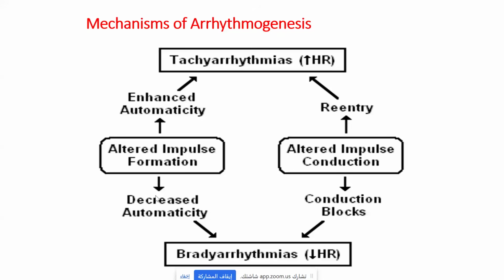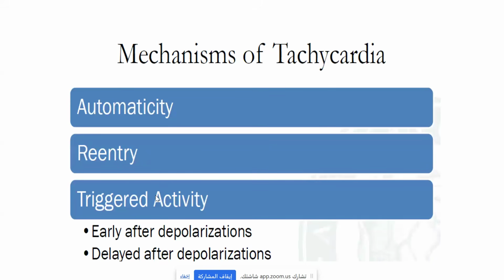Alteration of impulse formation by enhanced automaticity leads to tachyarrhythmia, which can occur as atrial arrhythmia and ventricular arrhythmia, or decreased automaticity leads to bradyarrhythmia. Alteration of the conduction in the form of re-entry can cause tachyarrhythmia, as well as ventricular arrhythmia. Alteration of the conduction by slowing or blocking the conduction leads to bradyarrhythmia.